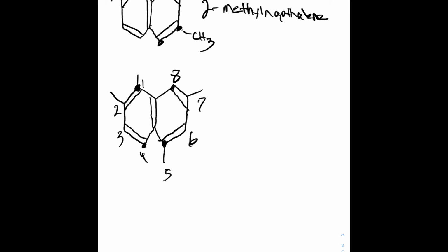So how would we name this? So this is a methyl group here, and I'll go ahead and draw the methyls so it's a bit more clear. And this is a methyl group here.